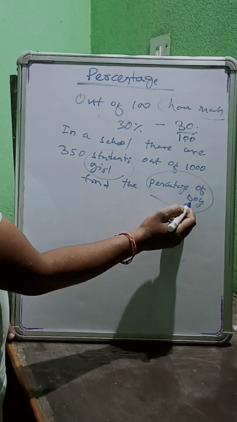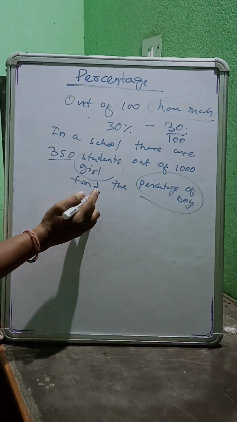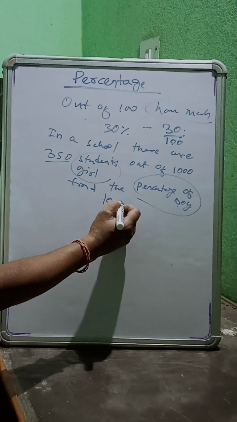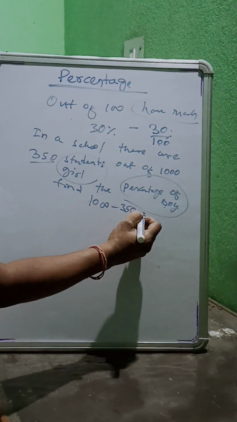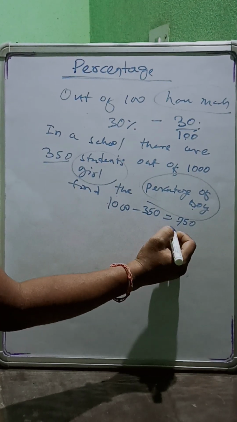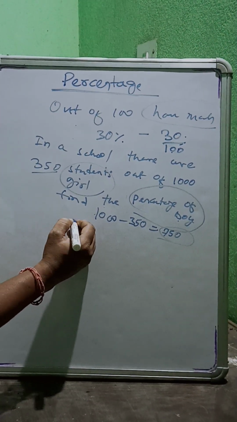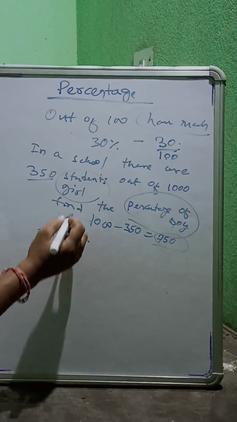First you find out the boys. How many boys are there? The boys are 1000 minus 350. It is 750. So the number of boys is 750. So what is the percentage? It is calculated on the total number.